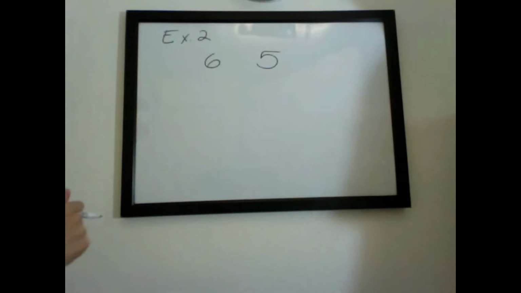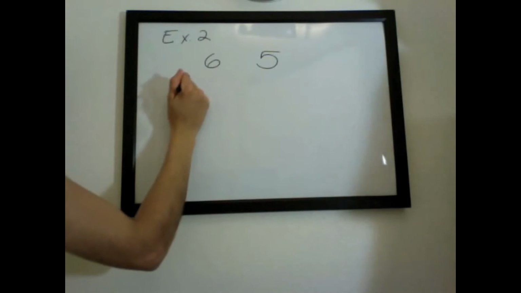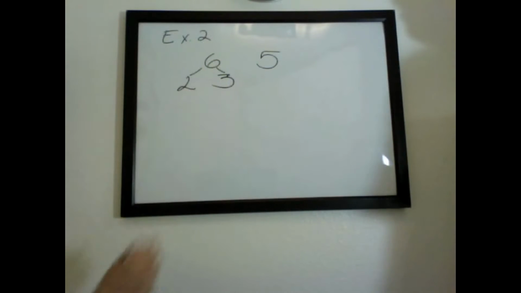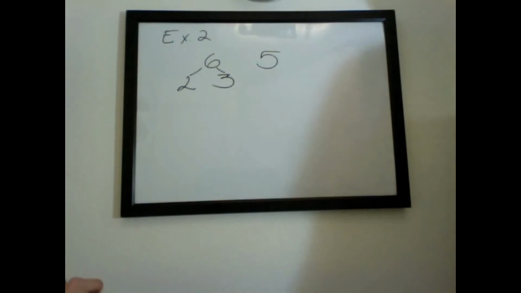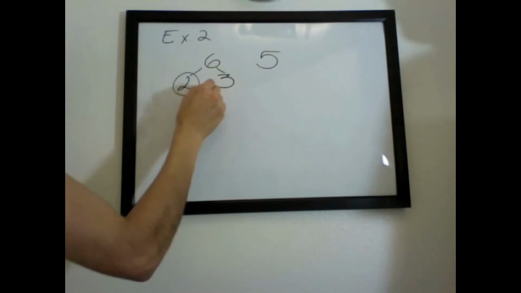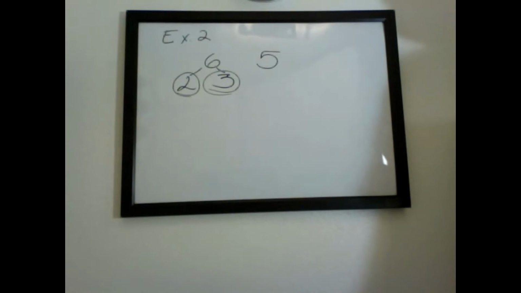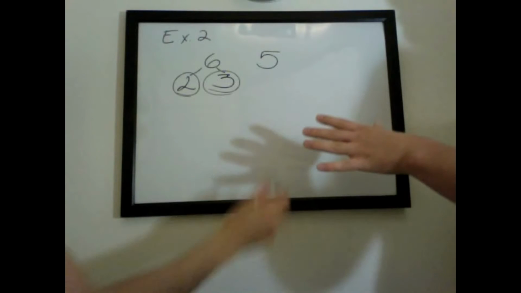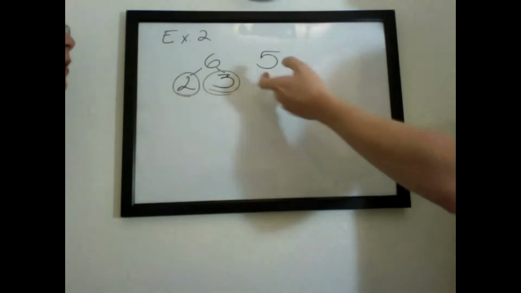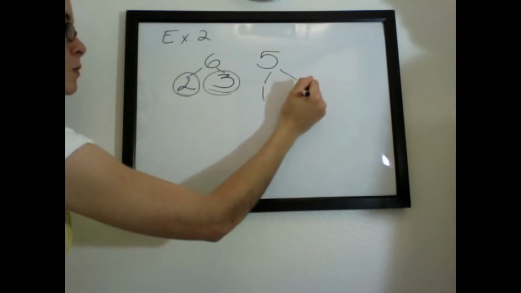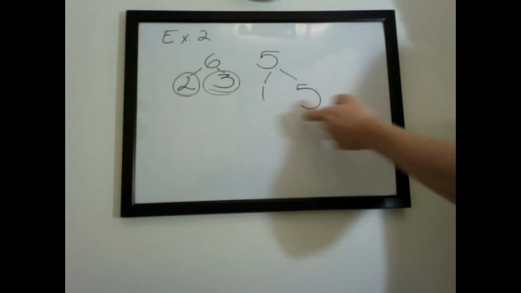Let's break 6 into two factors, 2 and 3. We know those are primes. Now let's look at 5. We know 5 is a prime. What do we do with this one? Well, we just leave it as is. Well, we can also break it up into 1 and 5. And both of these are prime numbers.